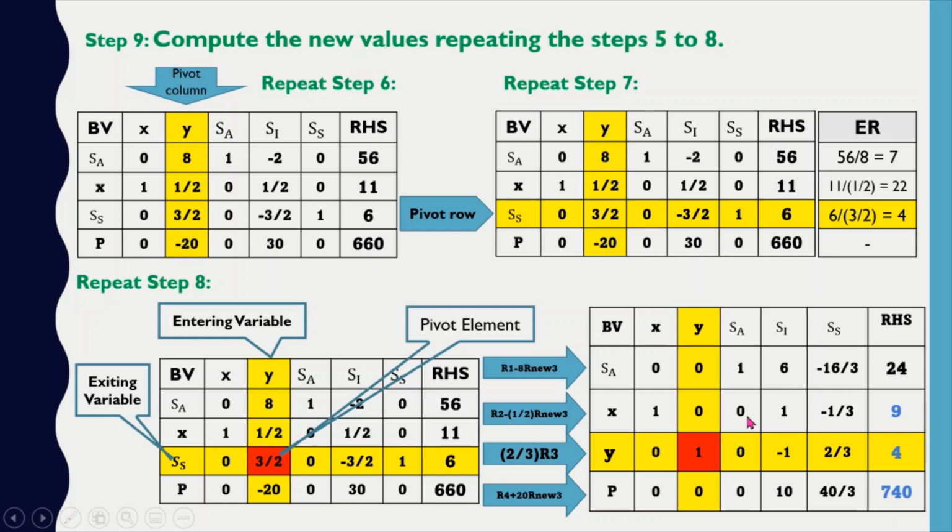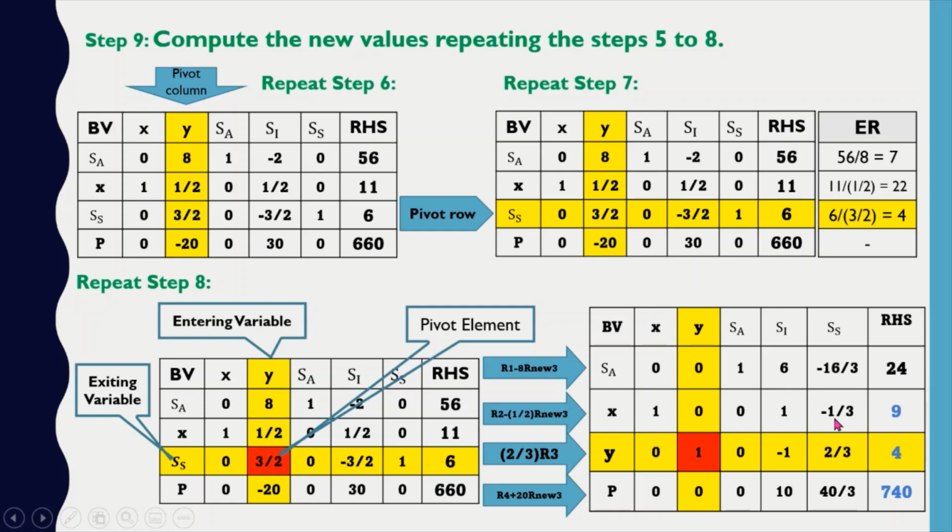Next, we have the original value 0, but we're going to subtract 1/2 times the new value of our SS, which is actually 2/3. If you multiply 2/3 times 1/2, that is 2/6, so it is simply equal to negative 1/3.